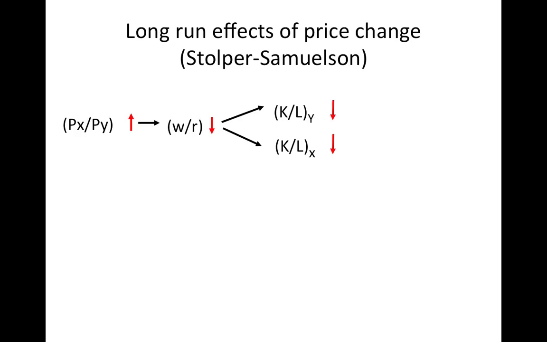Now this may seem a little confusing that they both can fall, but I'll come back to that in the next slide. So as the capital-labor ratio goes down in both sectors, the marginal productivity of capital in both sectors rises, and the marginal productivity of labor is going to go down.